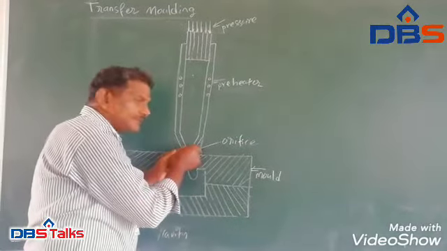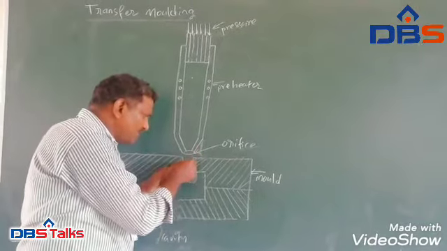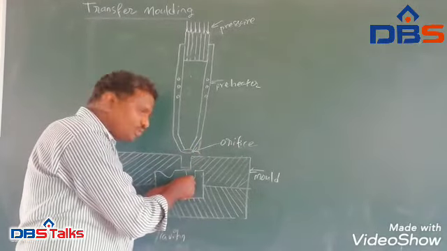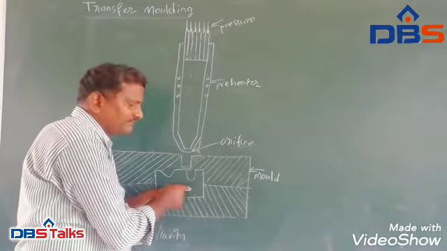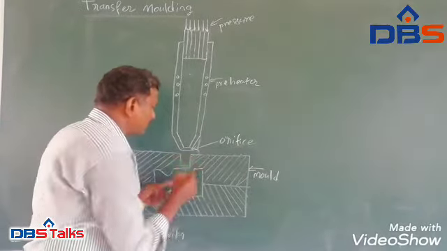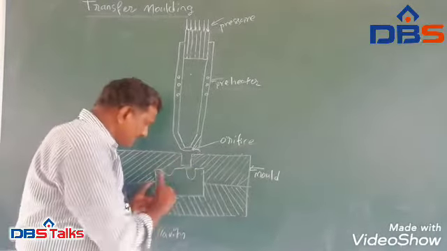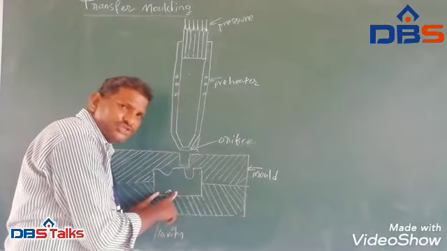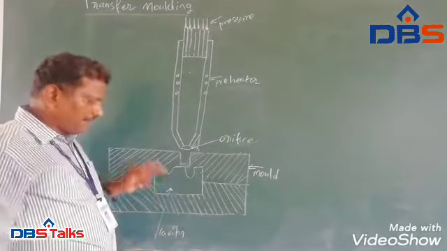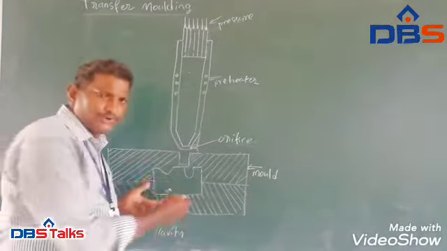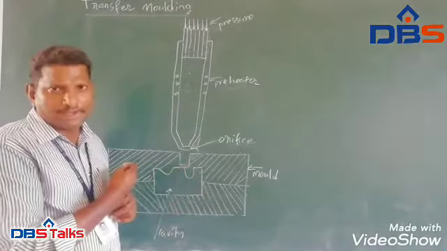And next, the liquid plastic issues into this cavity. This cavity is having a certain shape. The produced component will depend upon this shape.